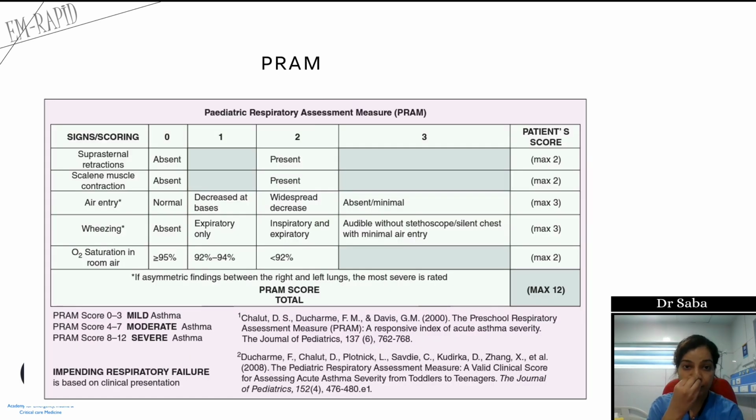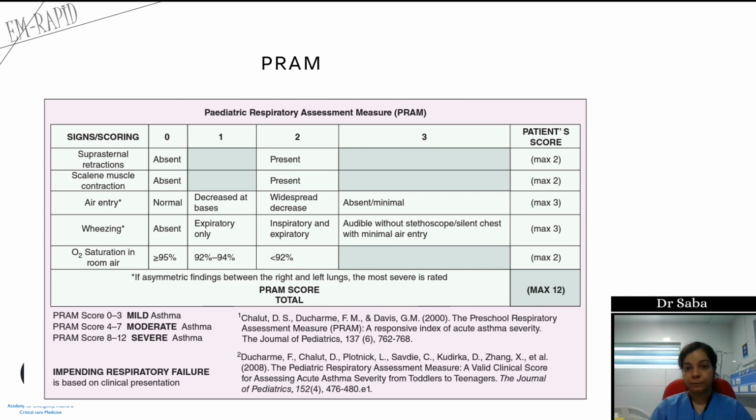Now, there is something called the Pediatric Respiratory Assessment Measure, that is PRAM, wherein we take into consideration 5 parameters pointing towards respiratory distress: suprasternal retractions, scalene muscle contraction, air entry, wheeze, and the oxygenation status of a child on room air.